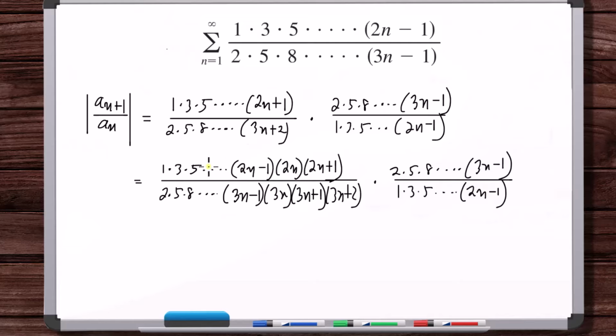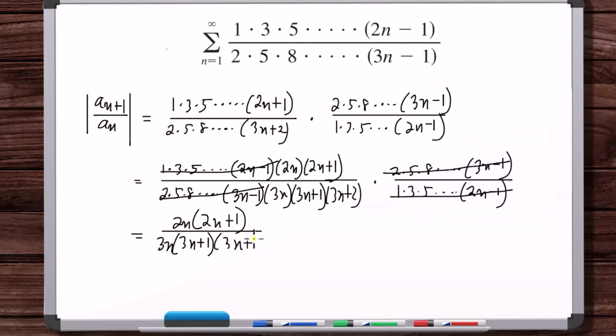Okay, and so now we see that all of this cancels, and all of this cancels. And so what we're left with is 2n and then the rest.